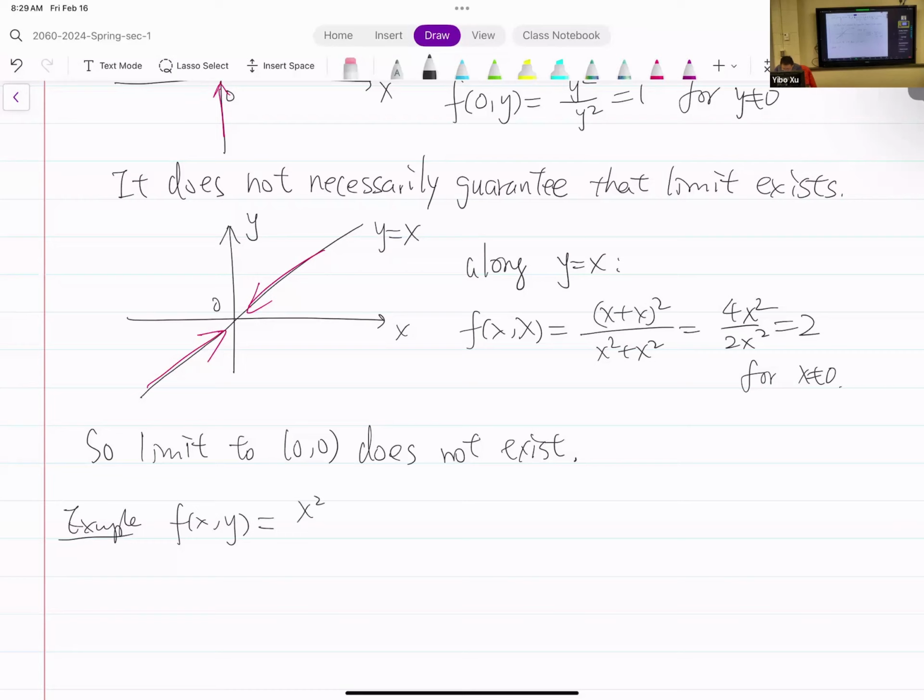So let's look at the example: f of x, y equals, still a fraction, x squared times y over x to the 4 plus y squared. We want to investigate the limit when the x, y pair approaches the origin of this function f of x, y.